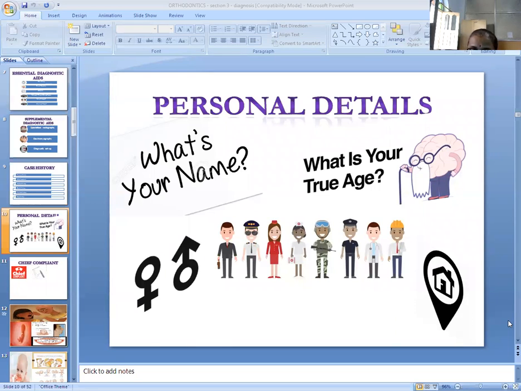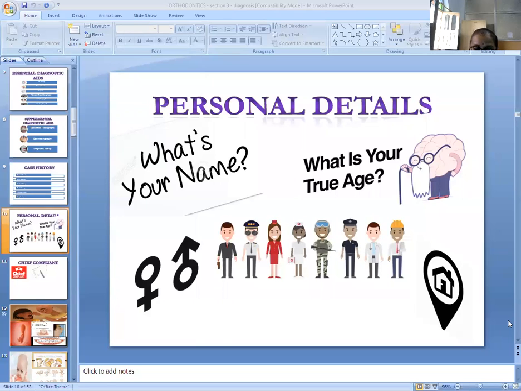And again, if the patient is not well earning, it will show in their interest about the treatment. For example, if the patient needs surgical treatment, but the parents are from a rural area, they will not allow the patient to go for surgeries.